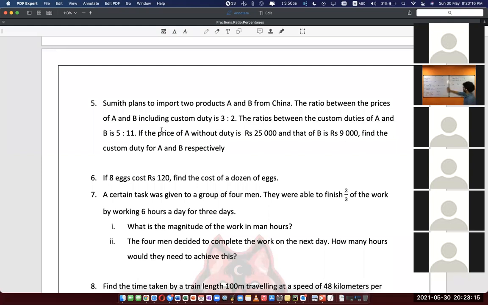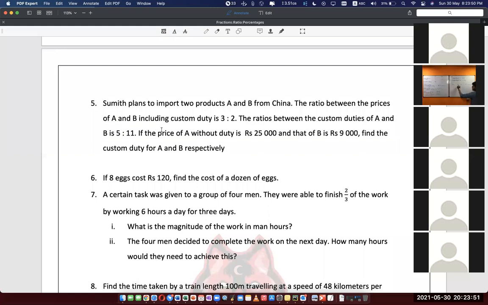Okay, I kept it aside. Then custom duty is in the ratio 5:11. So I again assume custom duty of A is 5y. So if the custom duty of A is 5y, custom duty of B is going to be 11y because they are in the ratio 5:11. Then what did I do here? Here, price of A means the final price of A. Final price of A was 3x.